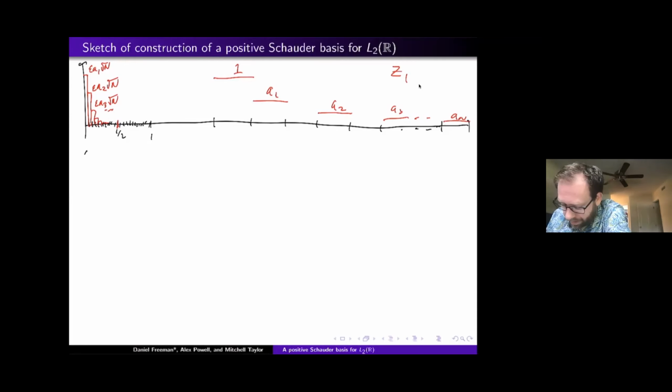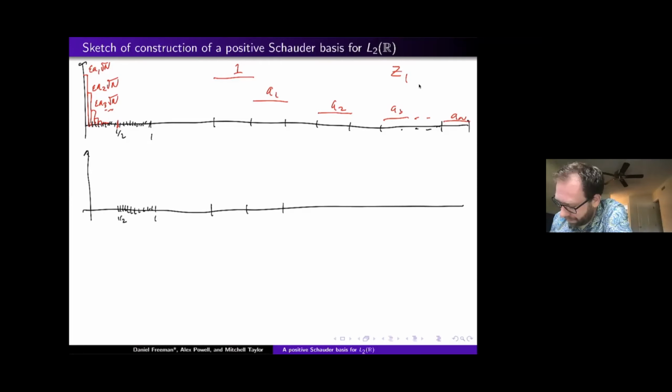Then if we want to make z2, z2 is 1 here, and it's going to be epsilon root n here.